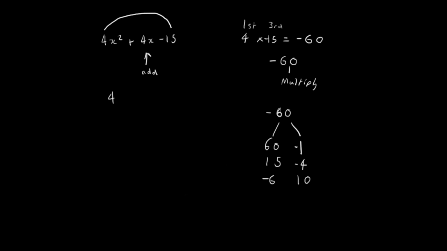So now we can say 4x squared plus 10x take 6x take 15, and these are both x's. So then we can pull out the common factor, which is 2x, and then we got 2x plus 5.